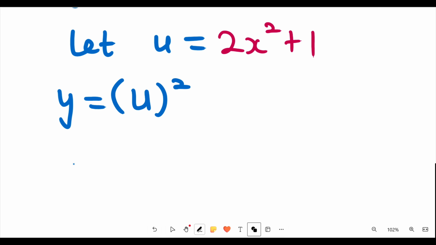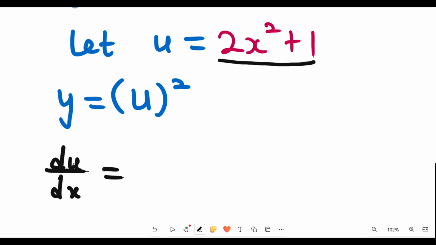So we need to find du dx. So we are going to differentiate this particular function, and that will give us 4x plus 0. So we leave the 0.